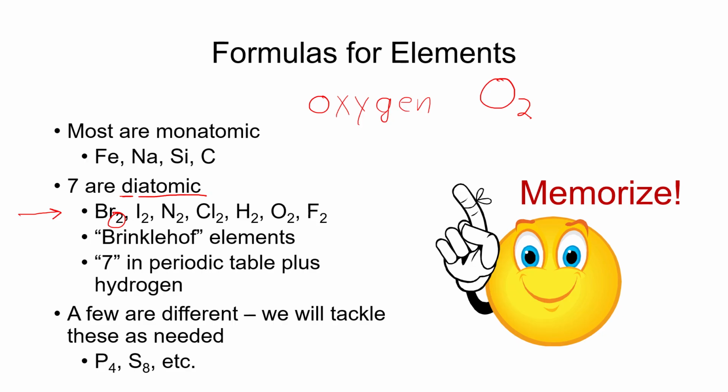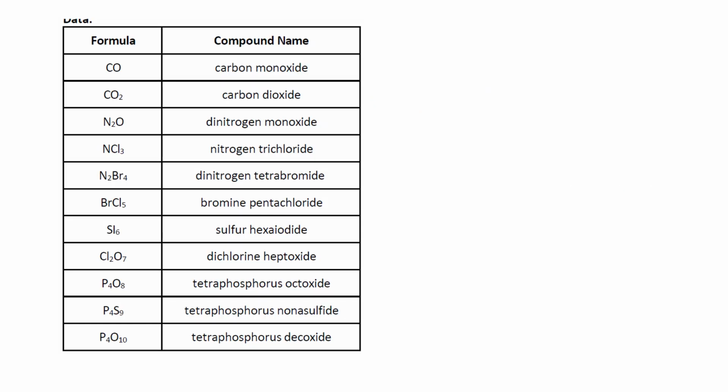So the 7 Brinkelhoffs get a subscript of 2. And then, of course, everything I tell you in this course has exceptions. So when we run into one of those other exceptions, like phosphorus is commonly P4 or sulfur is commonly S8, I'll tell you what it is in those cases. We'll just deal with those as they pop up.